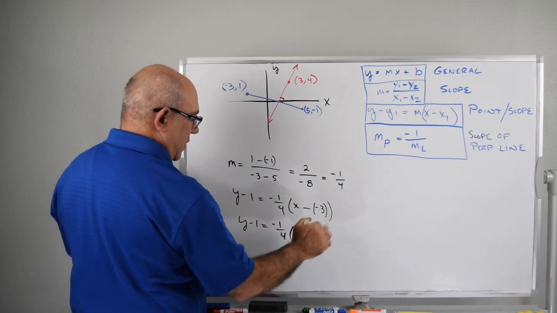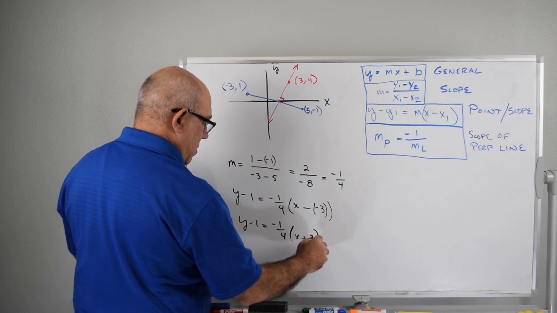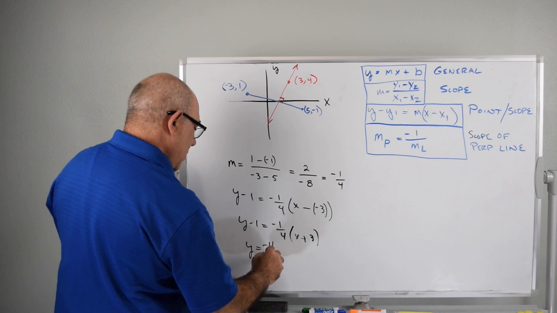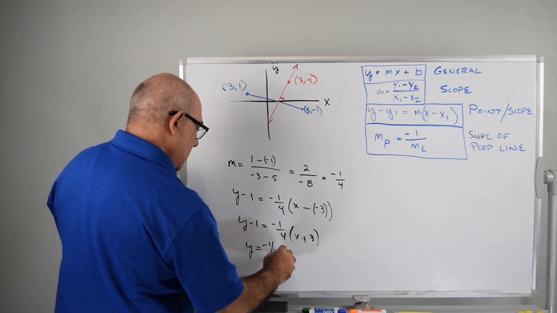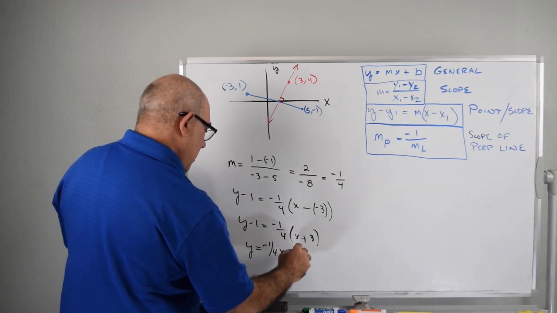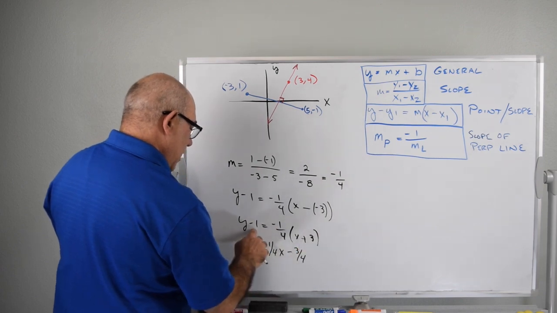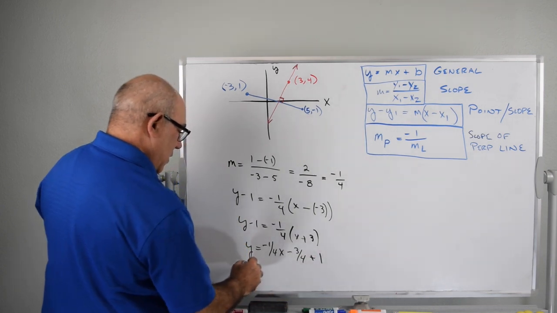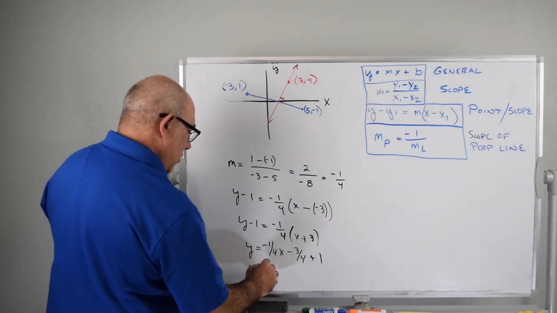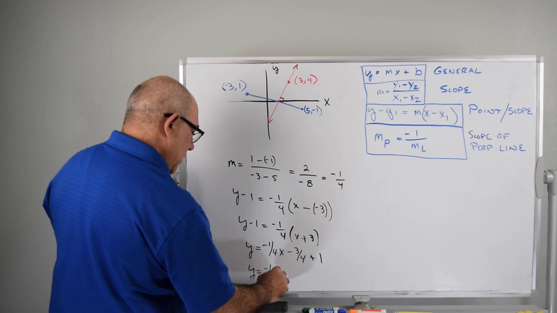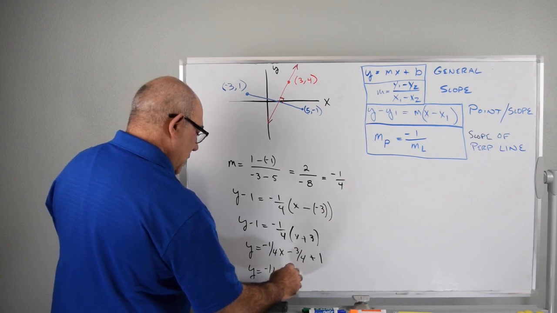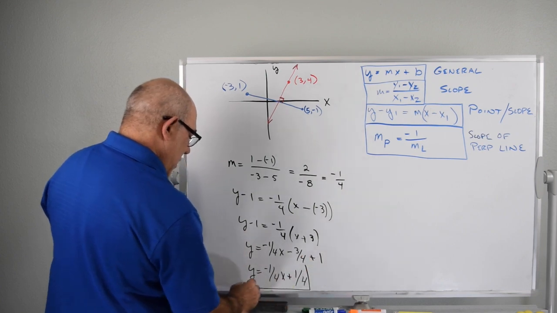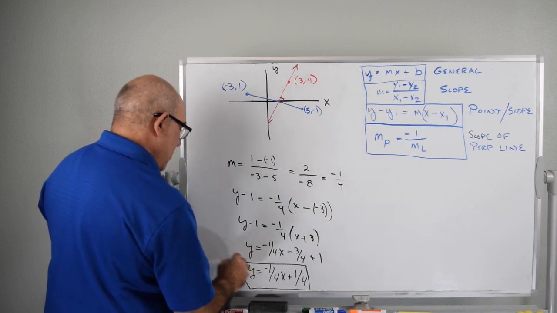This is plus 3. We get y equals minus 1/4 x minus 3/4. And we'll bring this over here, and that's plus 1. So the equation is y equals minus 1/4 x plus 1. And that is the equation for this line.